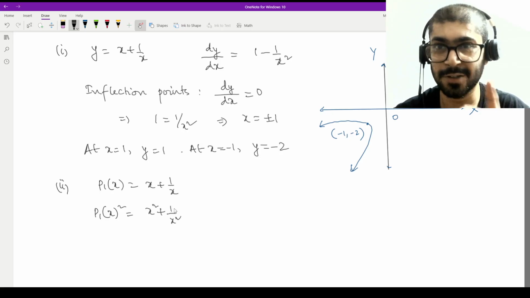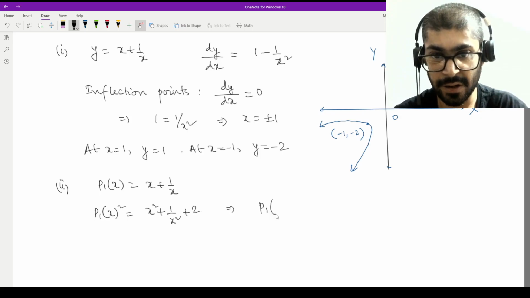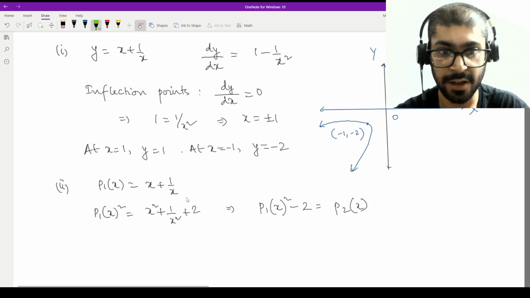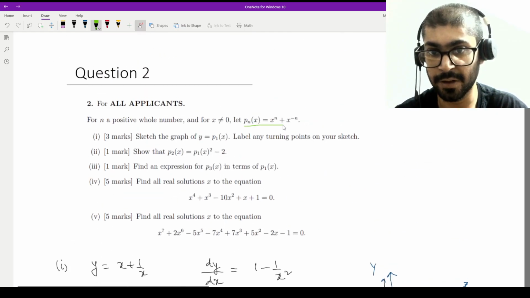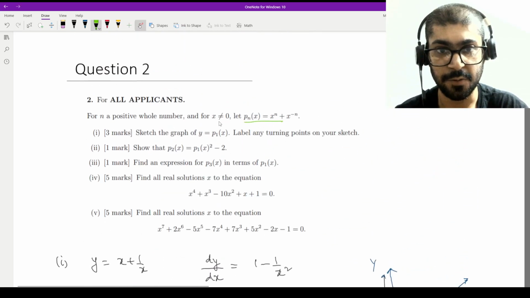So 2 into x times 1 by x will just give you 2. Now x square plus 1 by x square is p2(x), so p1(x) square minus 2 equal to p2(x). How did I do this? I brought that 2 to that side and kept this as p2(x), because that is the definition. Alright, so I think this one is done. I don't have to show anything else.